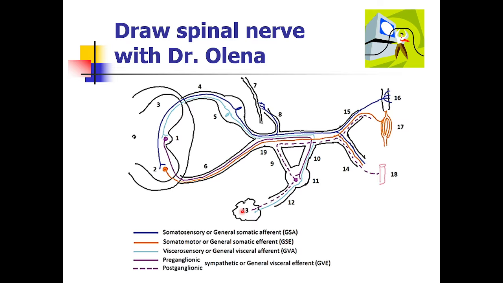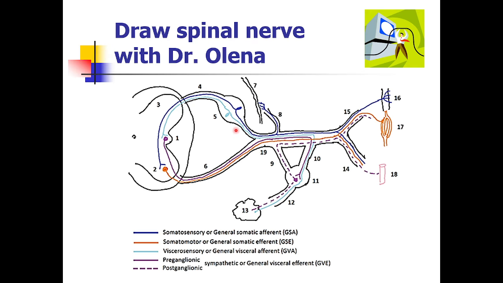And now guys, we are looking at those pain fibers, sensory visceral fibers coming from the internal organ. They are here in light blue. One more time, that's my general visceral afferent. They travel together with sympathetic through the spinal nerve, through the white communicant ramus, and guys, they are initiated still in the dorsal root ganglion.